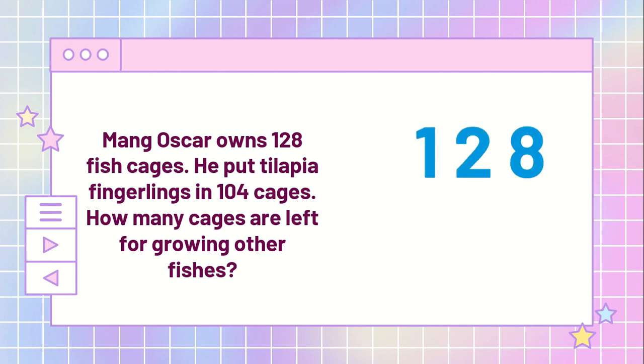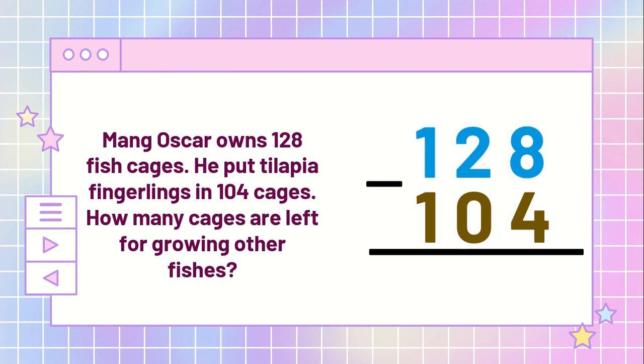It's 128 fish cages and tilapia fingerlings in 104 cages. The question asks how many cages are left. If we talk about left, it means subtraction. So we have to subtract 128 minus 104.